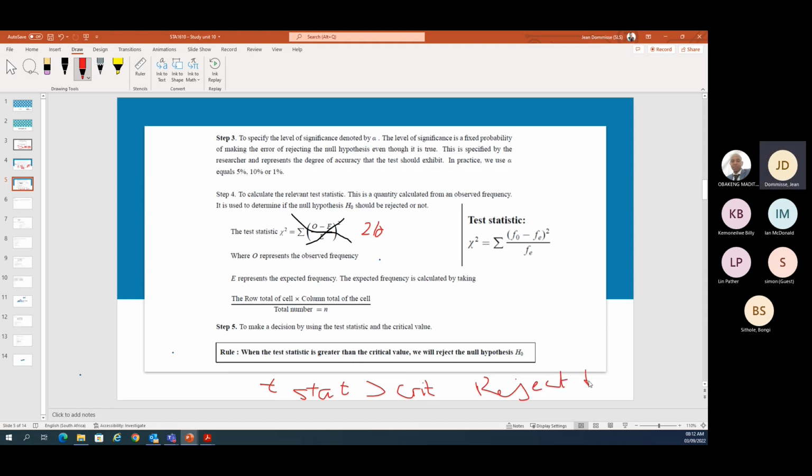So we can play with the wording: if the t-stat is smaller than the critical value, we accept the null hypothesis. That is a very important one when we start to make the assumptions and go through the rules and answer the questions.